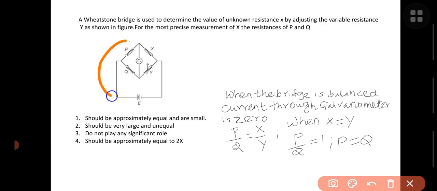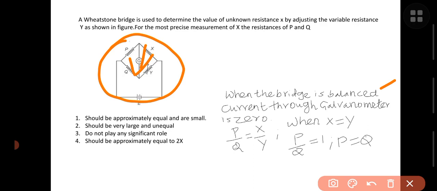This is the Wheatstone bridge. When the bridge is balanced, current flowing through the galvanometer is zero. There will be no current flowing, that is zero current, at the balanced condition.